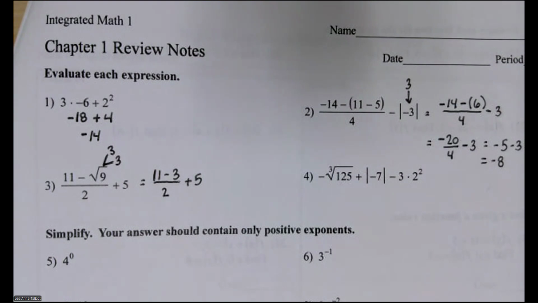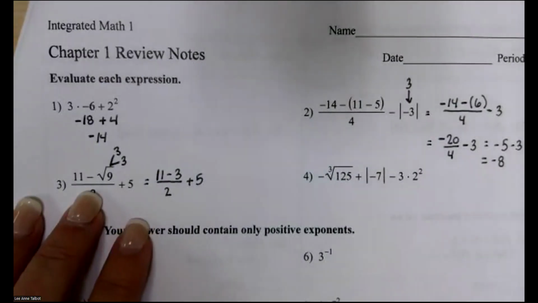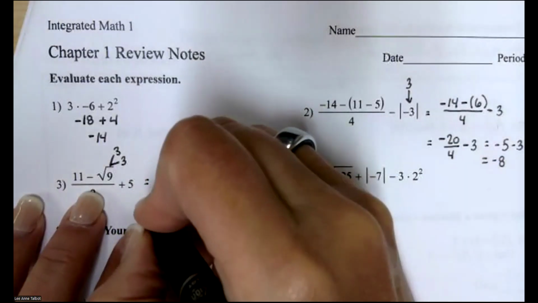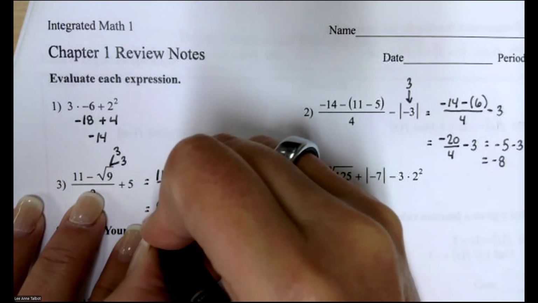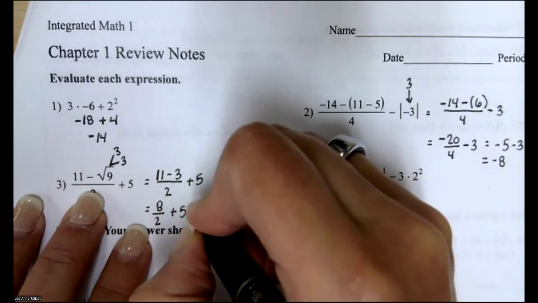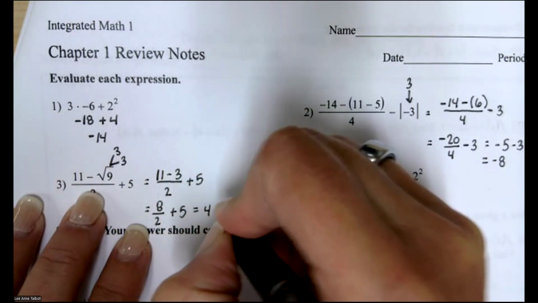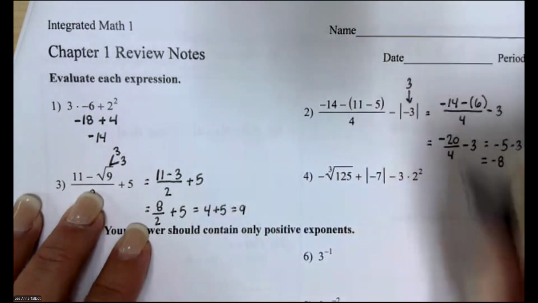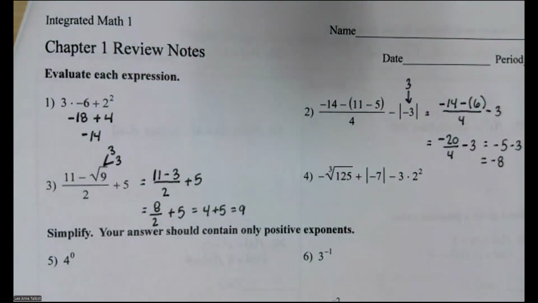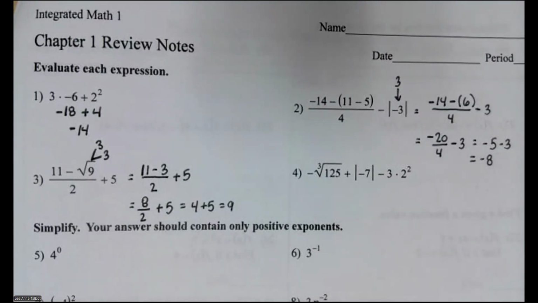Does that make sense? Okay, 11 minus 3 is 8 over 2 plus 5 is 4 plus 5, which is 9. And remember, on your test, you'll have a calculator, but you do need to show the steps like I'm showing them. So just do the problem in little bits.